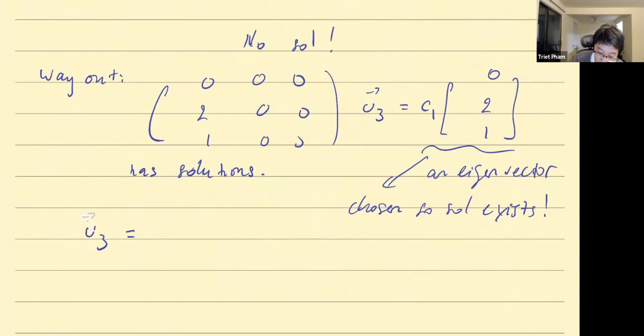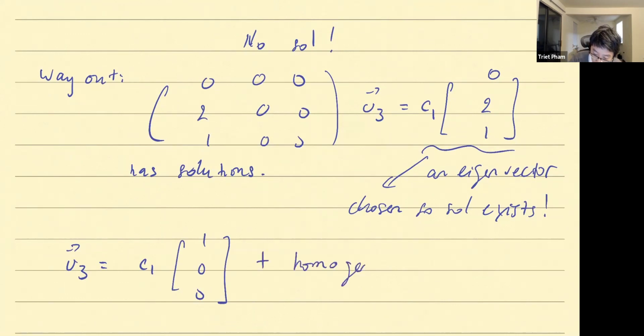So what is my V3? V3 will be C1 times 1, 0, 0. Is that correct? But then I always have to add some stuff here, plus the homogeneous solution. What's the degree of freedom here for my homogeneous solution?